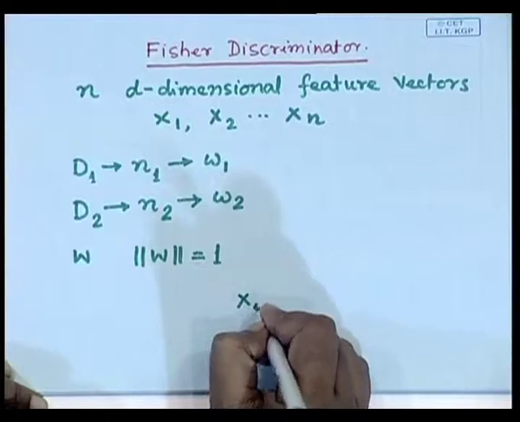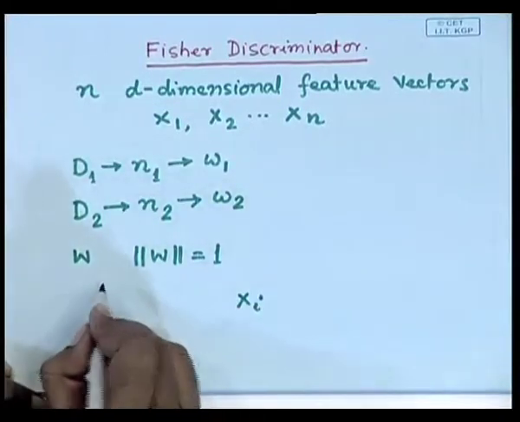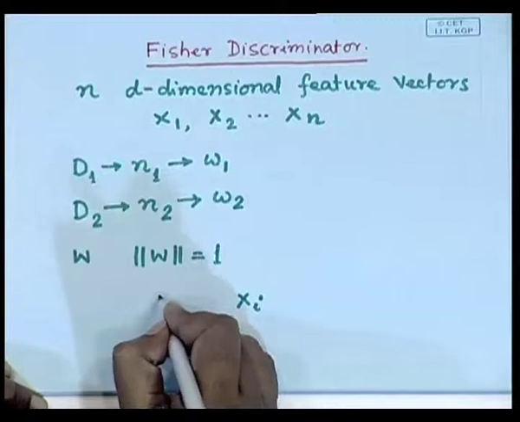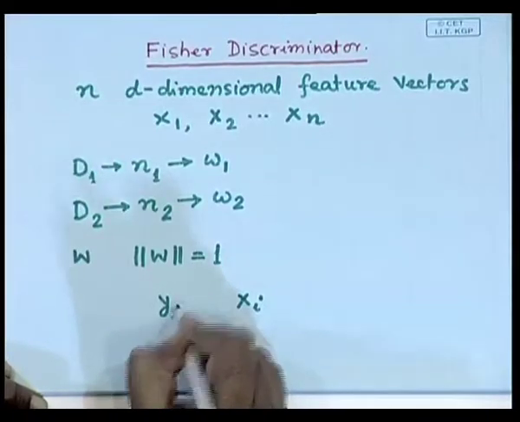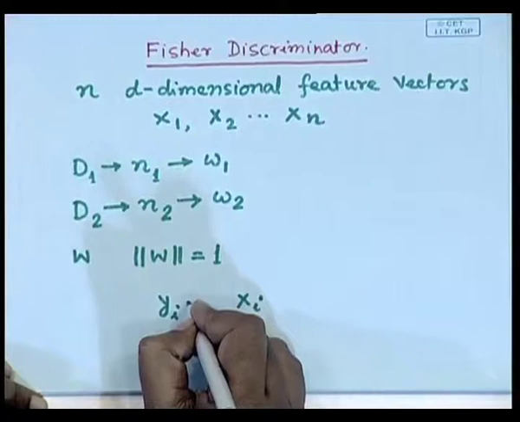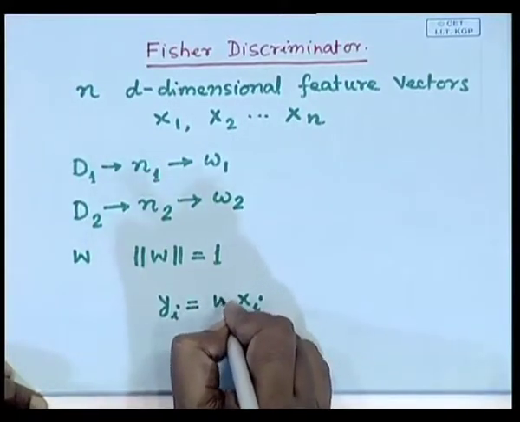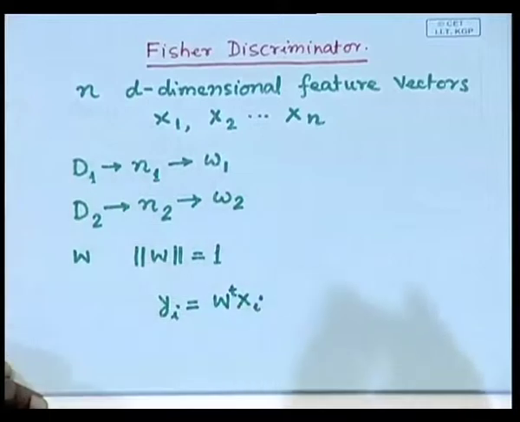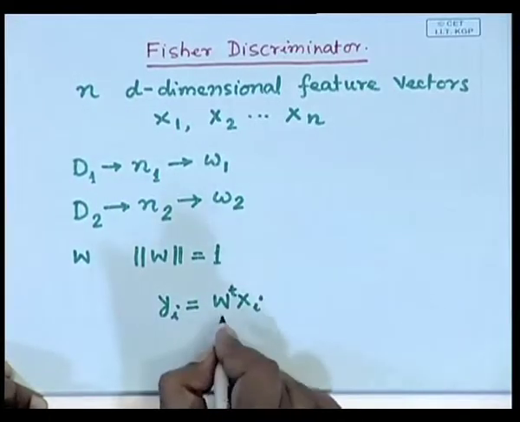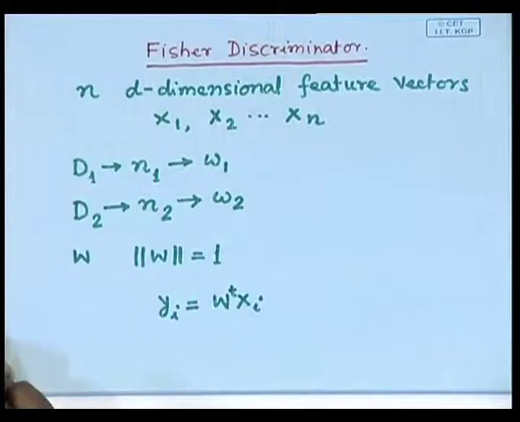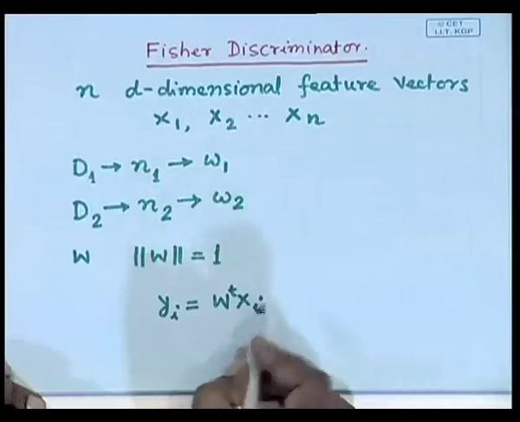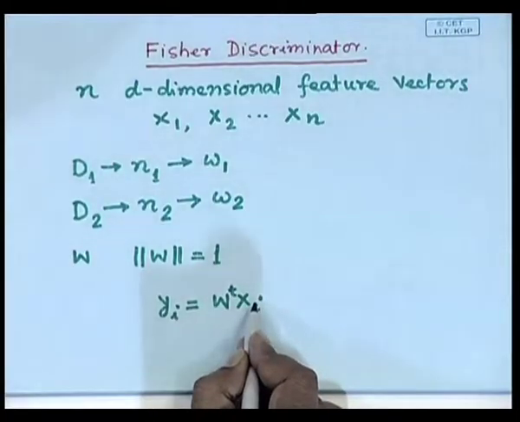So, when I take the orthogonal projection of x i onto this projection line, I get the projected value y i. Here y i will be nothing but W transpose x i, because W is the unit vector in the direction of the line of projection, and x i is the feature vector in my original space.